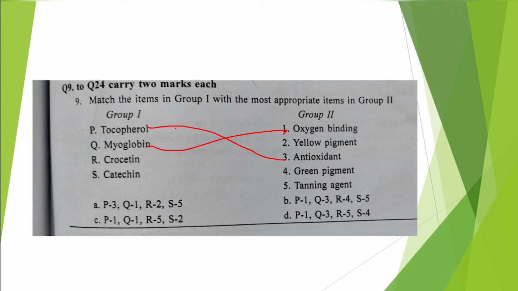Next, quercetin, that is a yellow pigment. Then catechin, that is a tanning agent. There is no match for green pigment, which we generally call chlorophyll. So our correct answer is A: P3, Q1, R2 and S5.